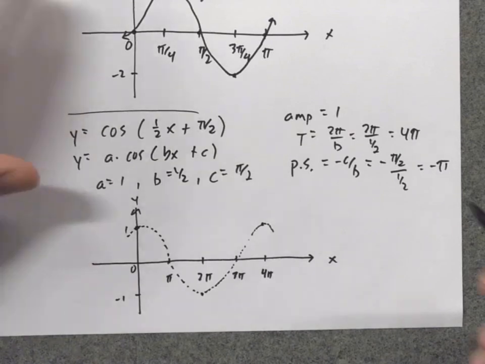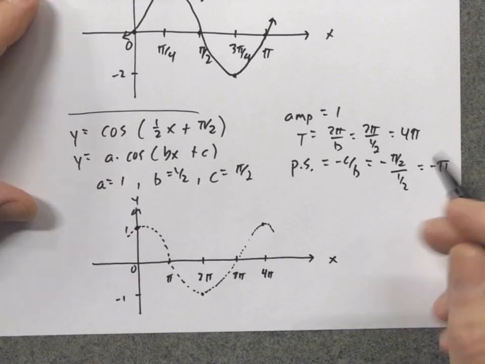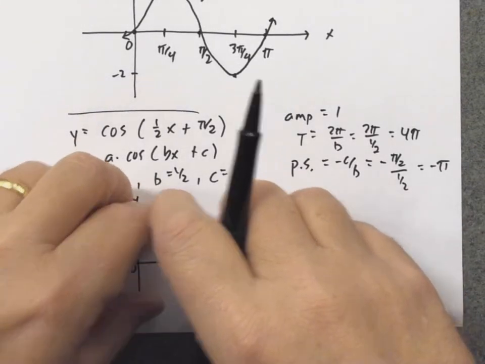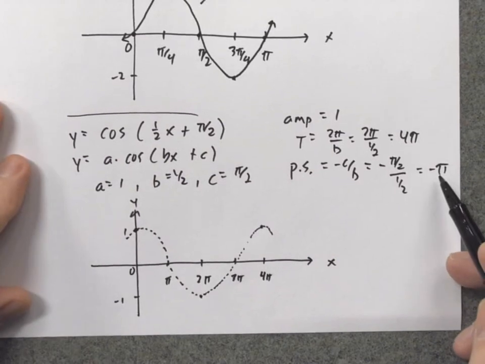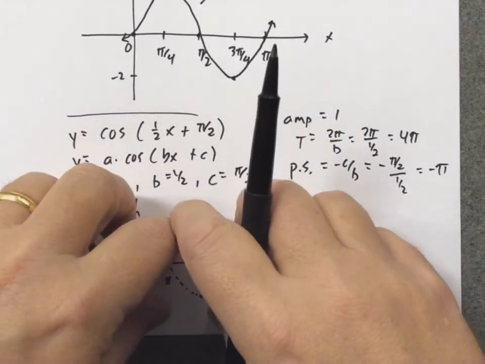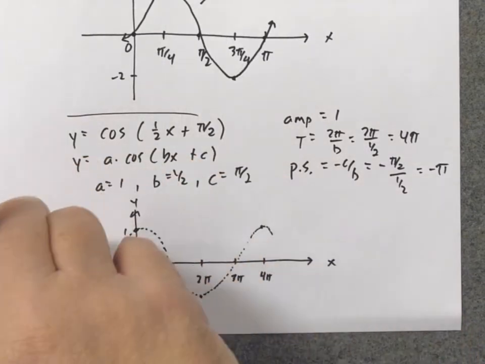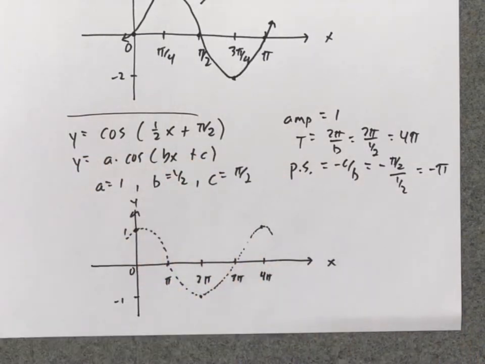What phase shift does is take this whole graph and shift it to the left or right. And since the phase shift is minus pi, it says basically take this whole graph and move it in the negative direction, a distance of pi.